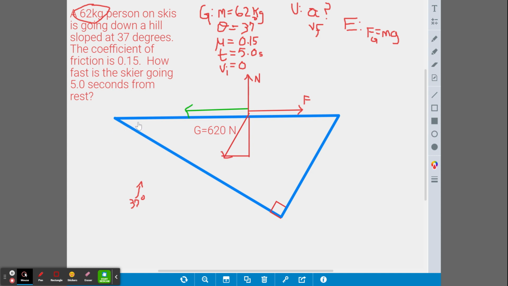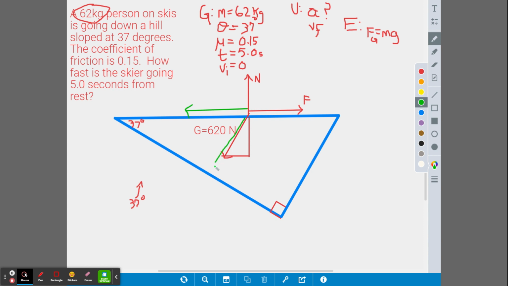If this angle is 37 degrees, this angle is also 37 degrees. Now you might be thinking, why? How in the world do we know that? Well, I can prove it to you. Okay, if this is 37 degrees, which it is because we're told that in the question, then remember, this is another right triangle over here.